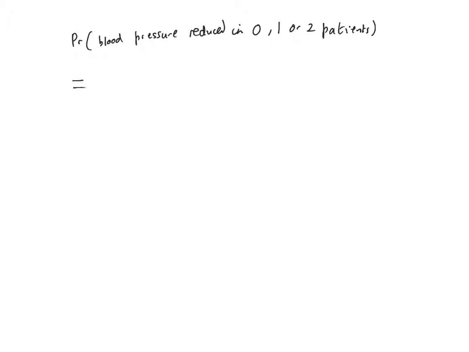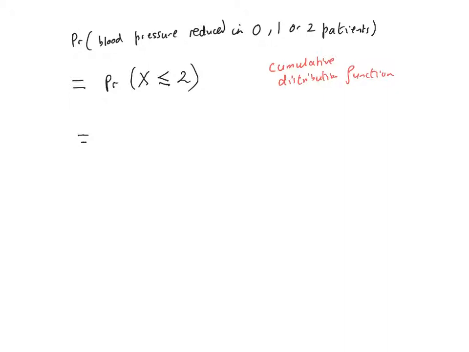This is mathematically the probability that X is less than or equal to 2. And that's referred to as a cumulative distribution function. And I'll say a little bit more about that in a second.